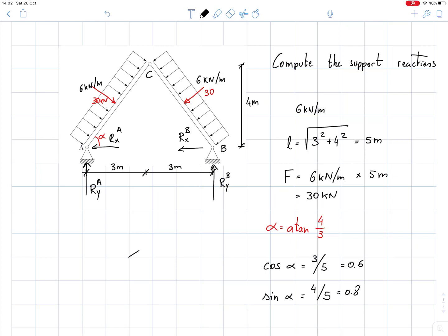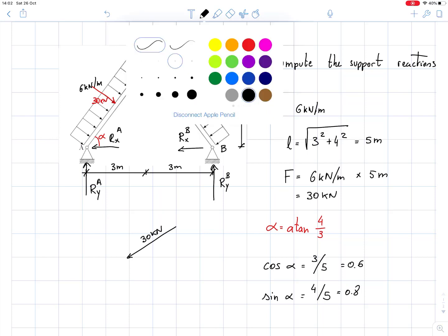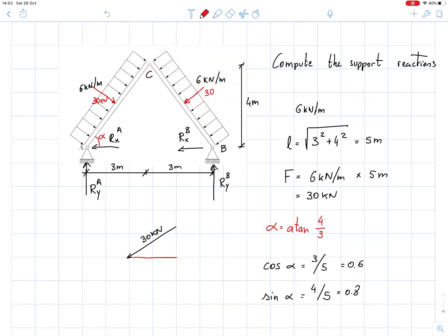So now I need to decompose this force of 30 kilonewtons into a horizontal force and a vertical force, where this angle is alpha. So this one becomes 30 cosine of alpha, which is 18. This one becomes 30 sine of alpha, which is 24.